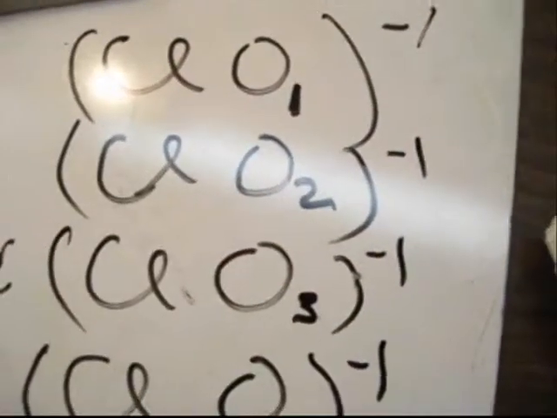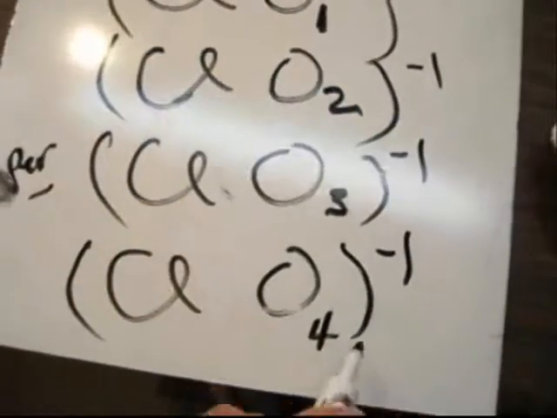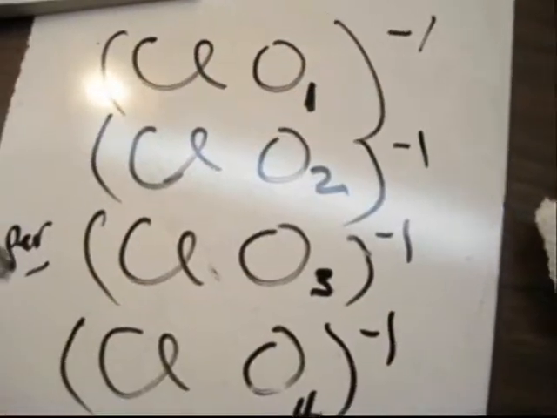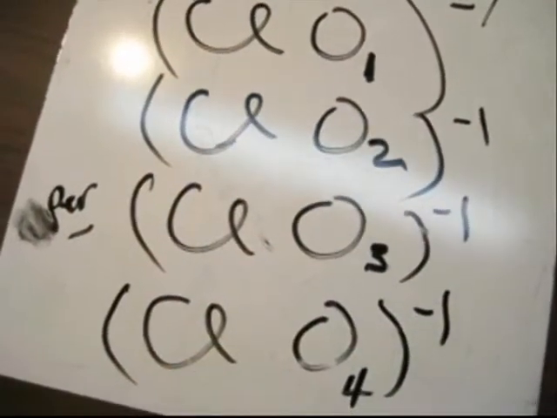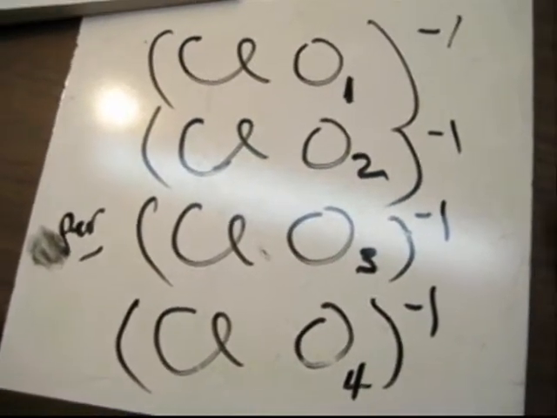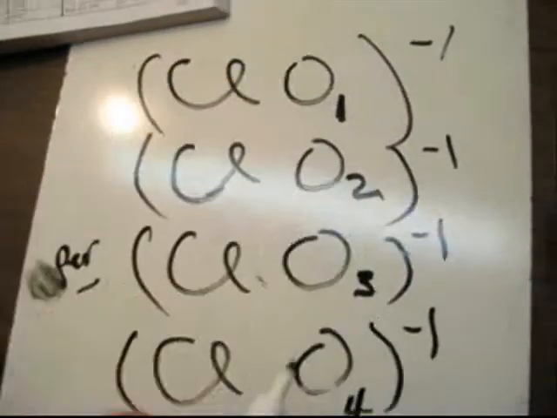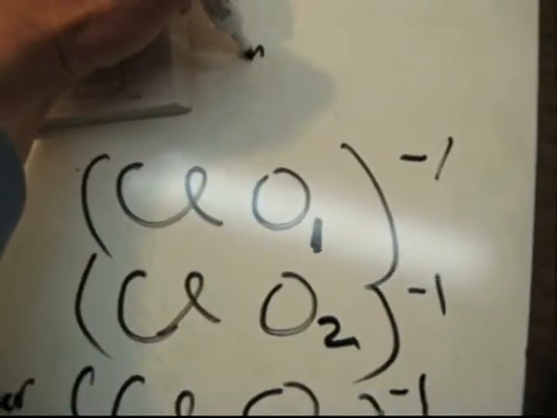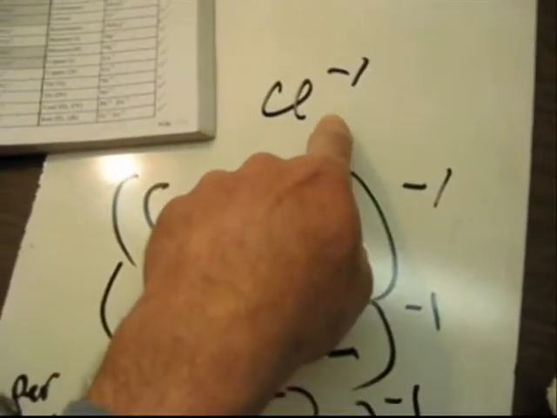So again, memorizing the charge is probably the best approach to take, because to understand how they can all have a -1 and all this varying number of oxygens is difficult to explain. So here's our chlorine set. Remember that chloride was the first one, ended in IDE, no oxygen, Cl -1.